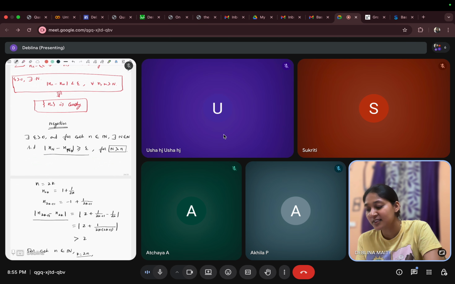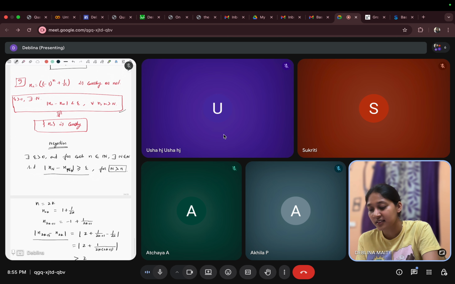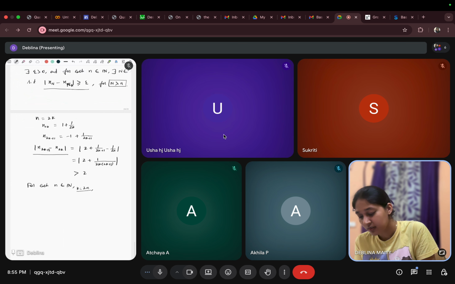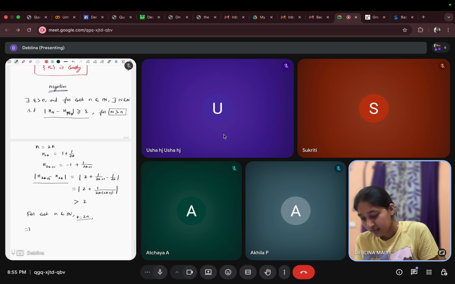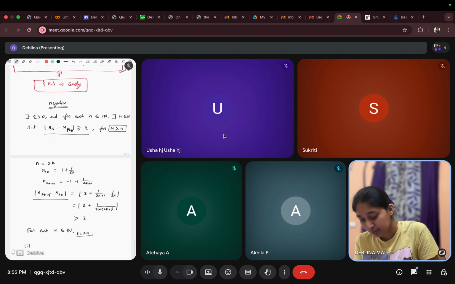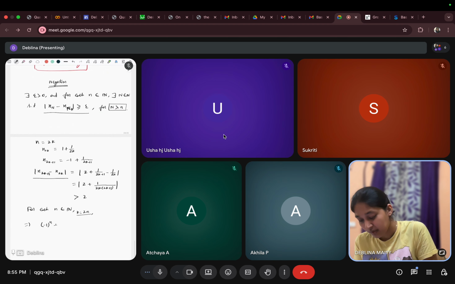So this is not going to happen. So the negation is true. So this will imply the sequence xn, the sequence minus 1 to the power n plus 1 by 2n, is not Cauchy, right?